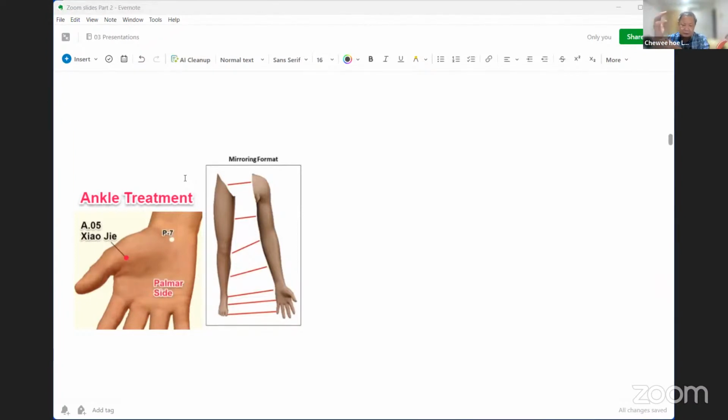So it works vice versa. If you have a wrist pain on the right hand, you can palpate the ankle on the left leg. And wherever there is Ahshi around the ankle, you can needle in order to treat the wrist pain.